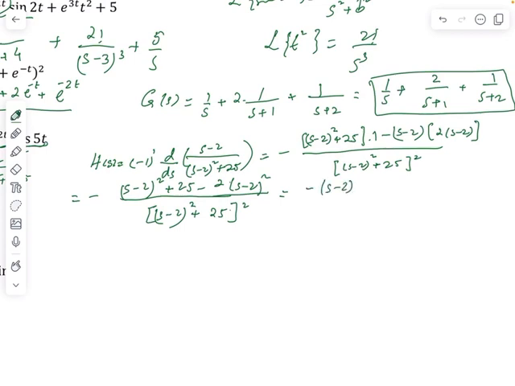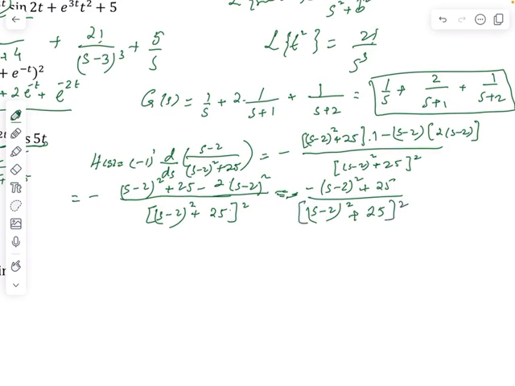Now there was a negative sign in the front, so I will keep that one, and then plus 25, and at the bottom we have ((s minus 2) whole squared plus 25) whole squared.